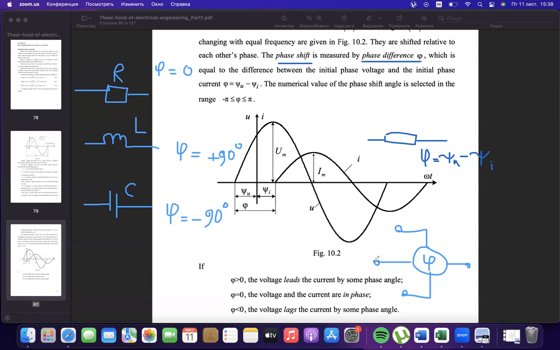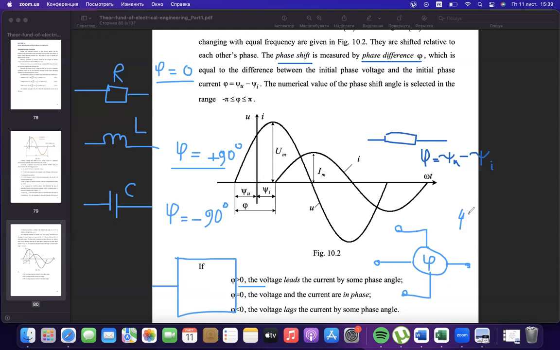And if we can measure the phase difference angle, we can identify which element we have. For example, you have a black box with an unknown element, but you measure the shift angle and obtain 0. You definitely know that inside this black box is a single resistor. That's all. For example, you measure the shift angle and obtain 90 degrees. Then you know that inside this black box is a coil, definitely a coil.